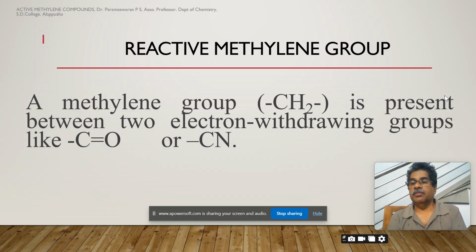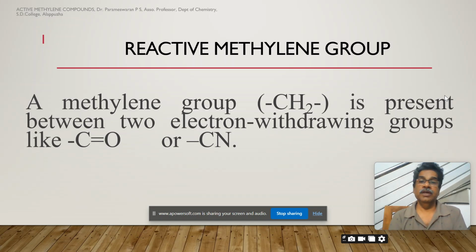So what is an active methylene group? An active methylene group is a CH2 group if it is in between two electron withdrawing groups, for example, carbonyl group or CN, cyano group or nitro group, then it is very active because the electrons are withdrawn from the CH bond so that the CH bond becomes partially ionic and will have a tendency to lose H as H plus ion.